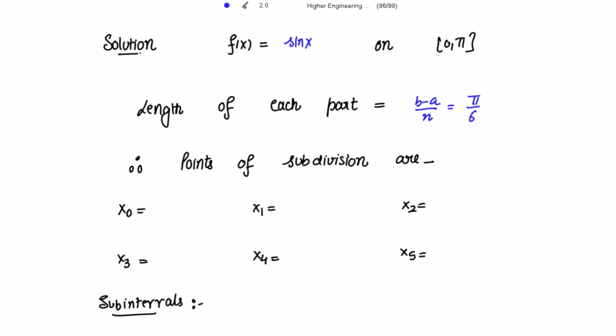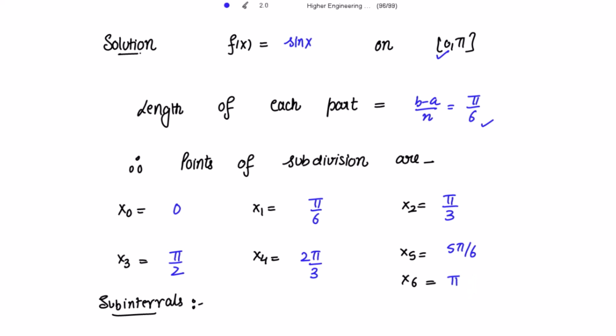So x0 is your a, that is 0, and x1 is pi by 6, x2 is 2 pi by 6, x3 is 3 pi by 6, x4 is 4 pi by 6, x5 is 5 pi by 6, and x6 is 6 pi by 6. We can also write x2 as pi by 3 and x3 as pi by 2, just cancel them, and x4 can be written as 2 pi by 3 and x6 can be written as pi.